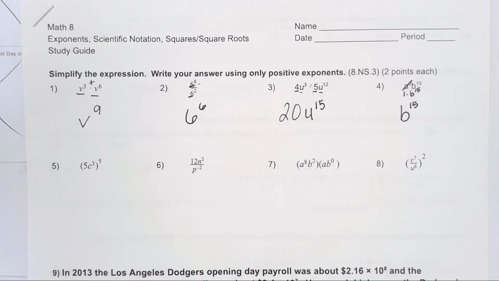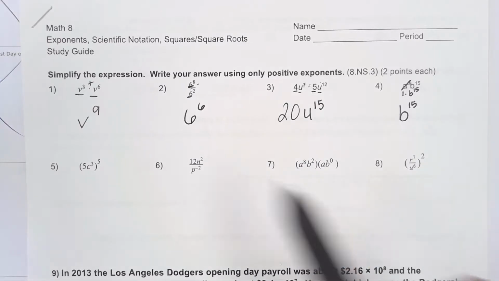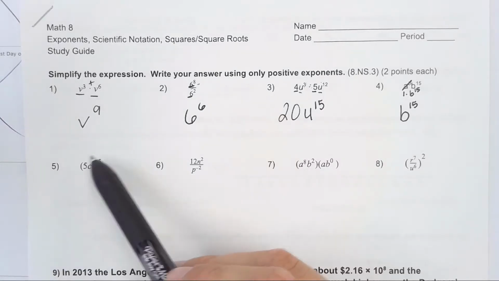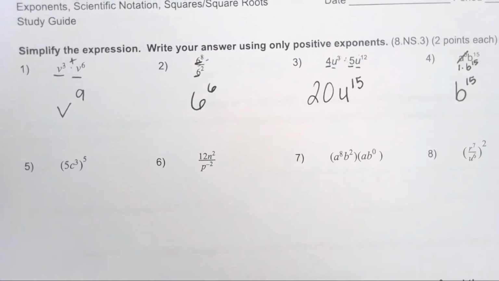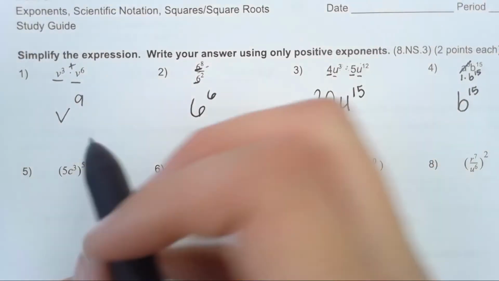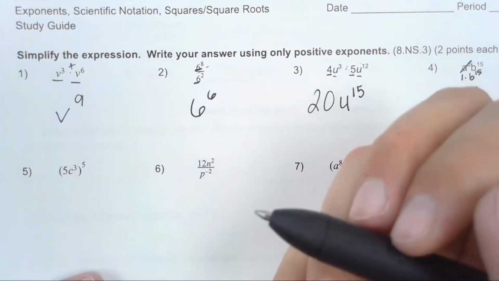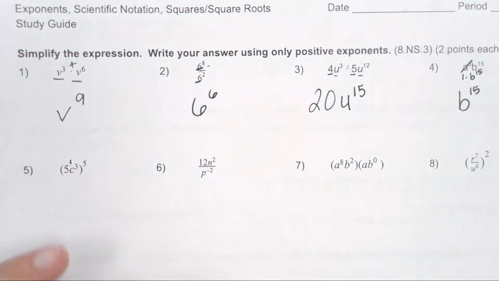Number 5, so now that we have something raised to a power, remember the rule is that we are multiplying. So when you're multiplying, you are using the distributive property to move this 5, to multiply the 5 with every single exponent on the inside of that parentheses. Please remember though that this coefficient does not have an exponent, but remember that there's that imaginary 1 there.